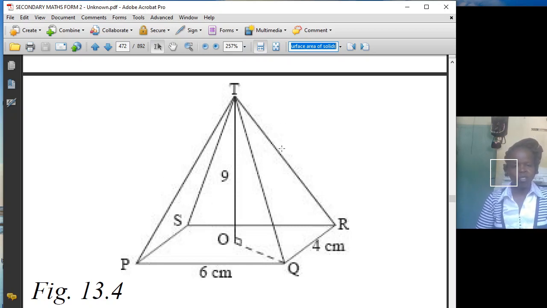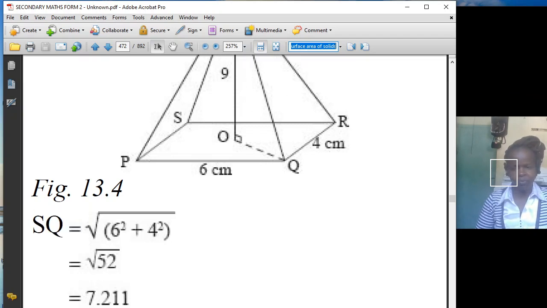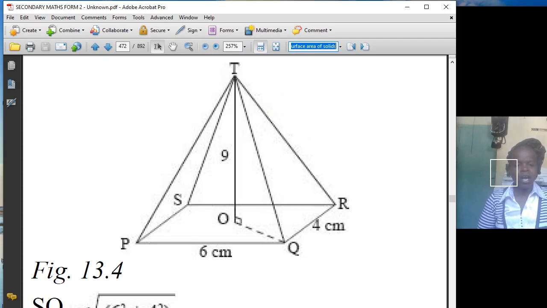The two opposite faces are the ones that are equal. TQR is equal to TPS. TPQ is equal to TRS. Just like that. But if you want to use base times height, then it means again, after getting the slant edges, you'll go ahead and calculate the slant heights.